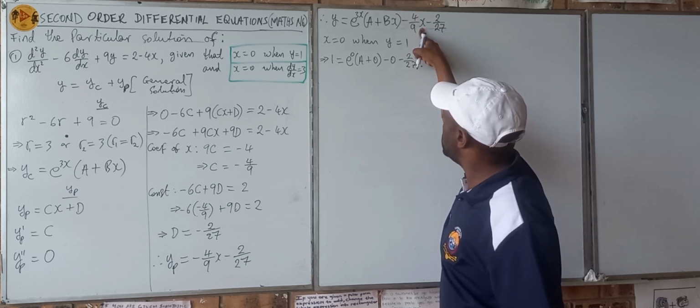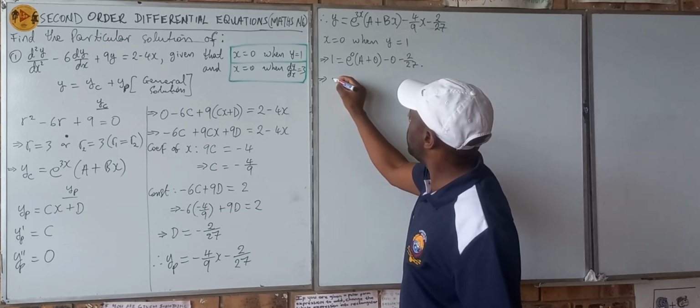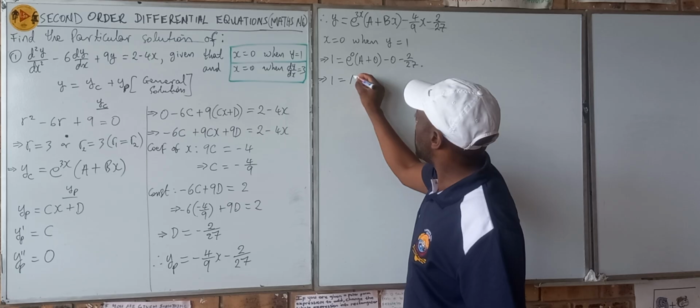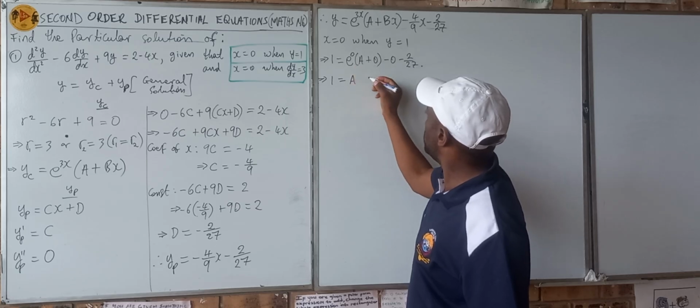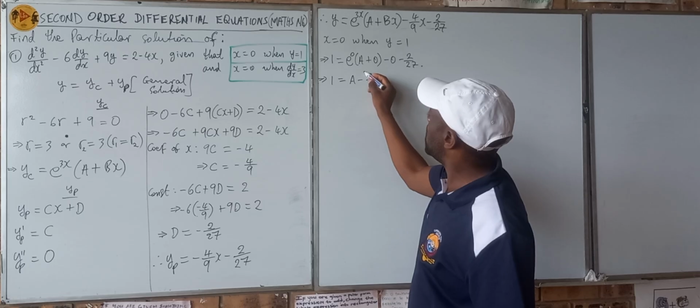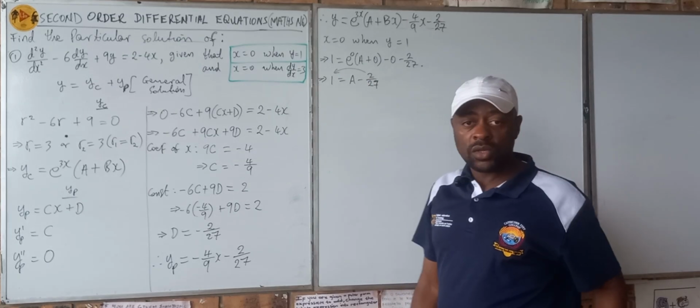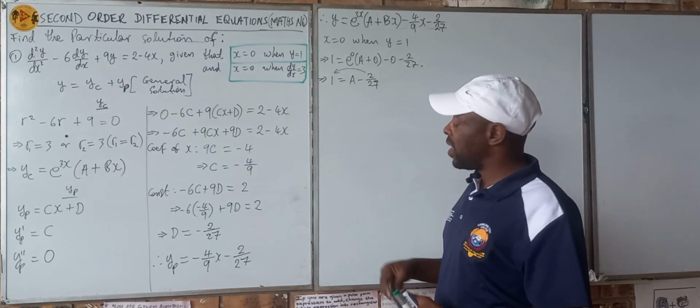So this immediately tells me that I am left with 1 equal to a, because e to the power 0 is 1, minus 2 on 27. So negative 2 on 27 is a like term to 1, so it must move to the left to join the 1.